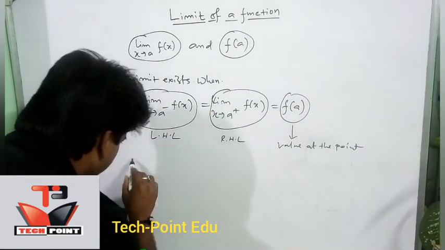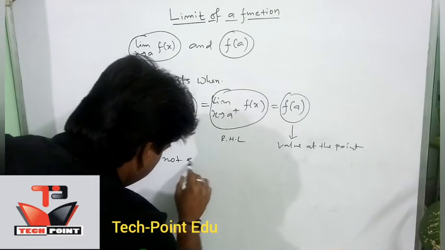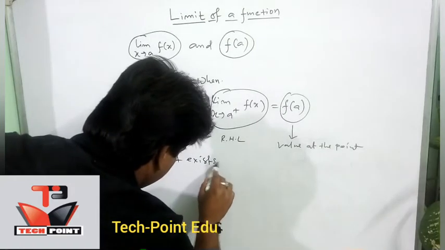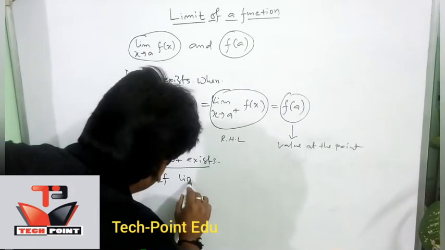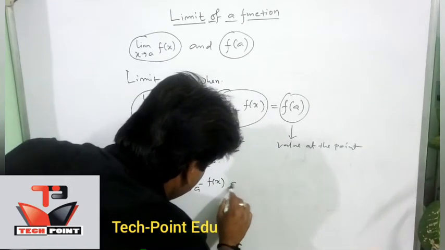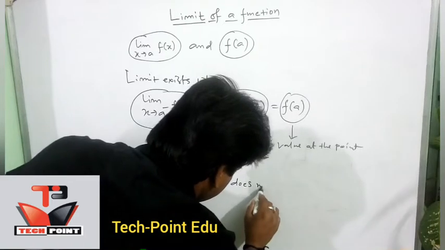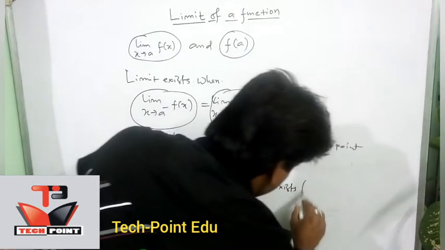When limit does not exist: suppose limit x tends to a minus f of x does not exist, that means it is giving you infinity.